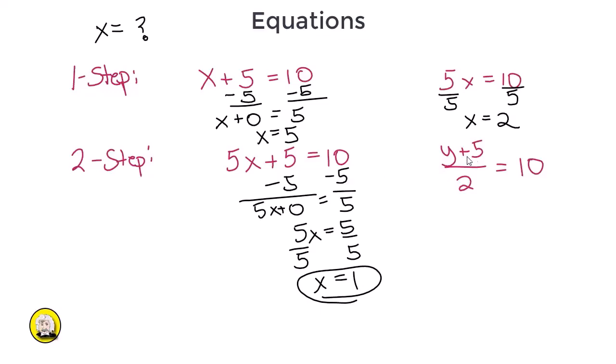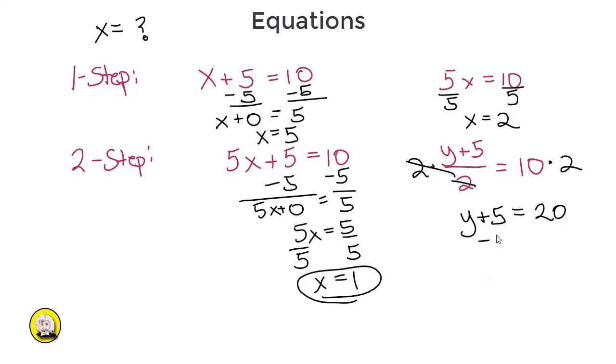Let's go over and look at y plus 5 divided by 2 equals 10, another 2-step equation. Well, in this case, I'm actually going to multiply both sides of the entire equation by 2 to get rid of my fraction or my denominator. So 2 divided by 2 will cancel out to 1, and that will just leave me my numerator, y plus 5 equals 2 times 10 on the other side of the equation, or 20.